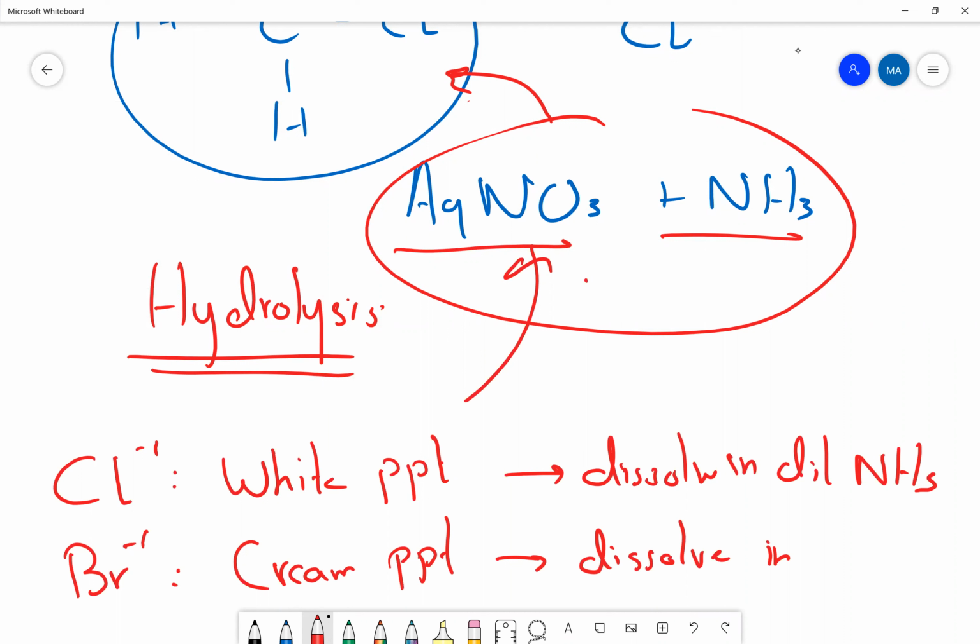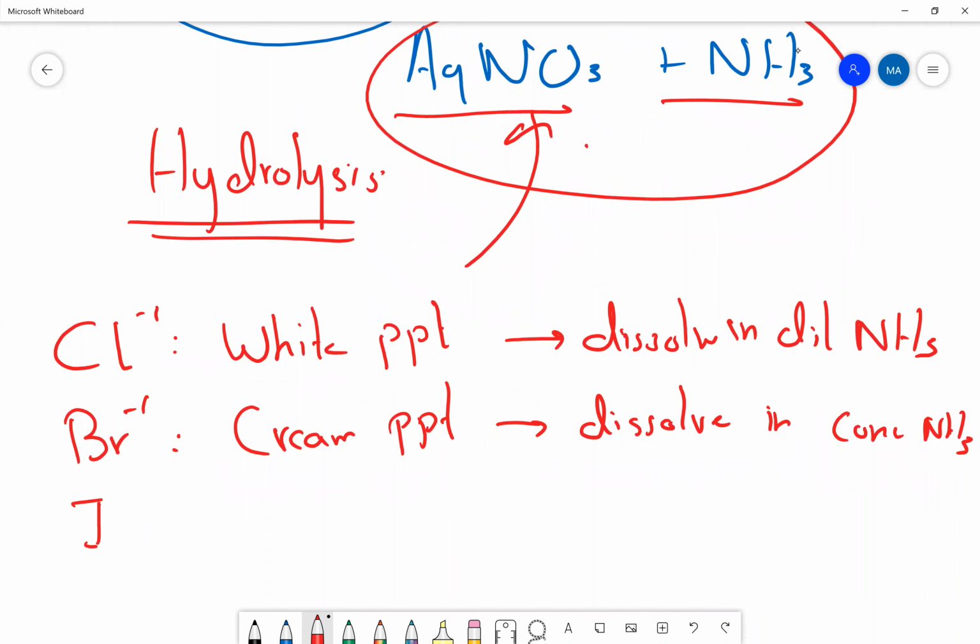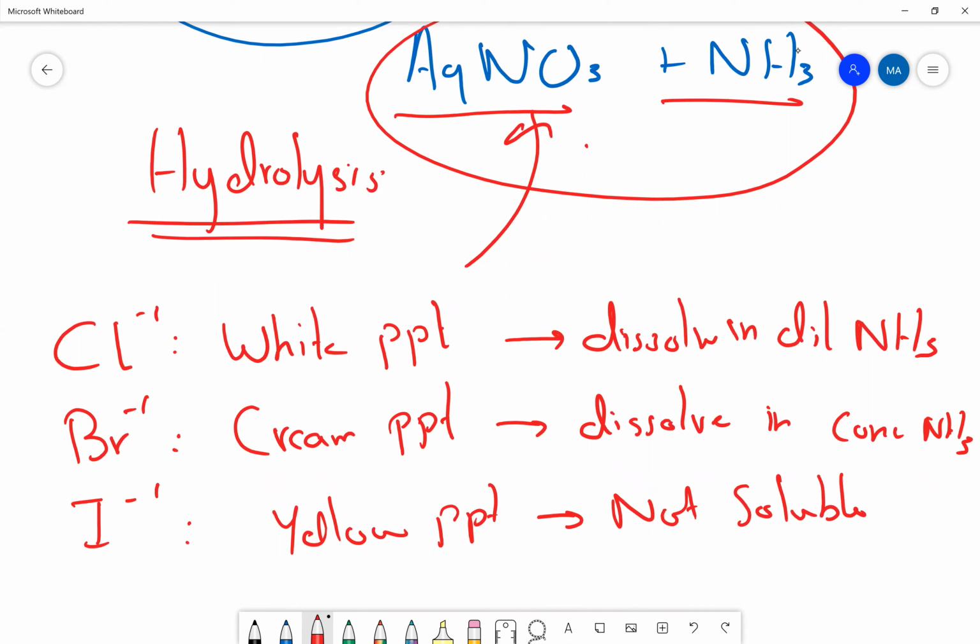It will not dissolve in dilute NH3. Similarly, if we have an iodide ion, it will give us a yellow precipitate with AgNO3 and it will not dissolve in either dilute or concentrated NH3. It's not soluble. This is how you can use AgNO3 together with NH3 to identify these halides.